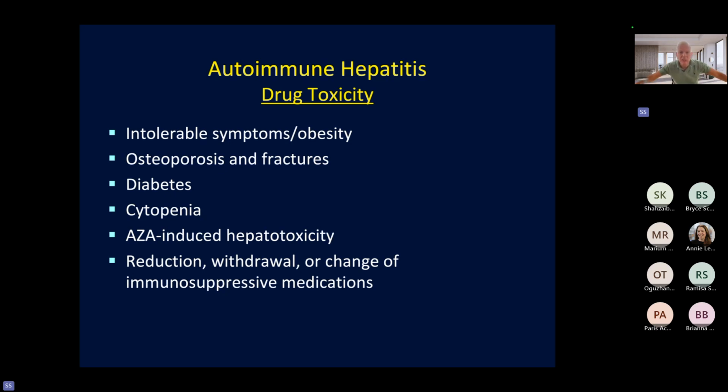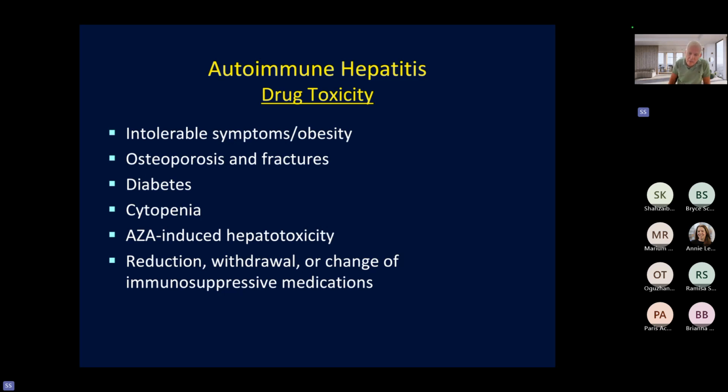Drug toxicity is most associated, obviously, with long-term steroid therapy, save one of these toxicities: intolerable symptoms or obesity, osteoporosis and fractures, diabetes. And cytopenia, of course, is the number one concern of patients who are on any of the thiopurines.